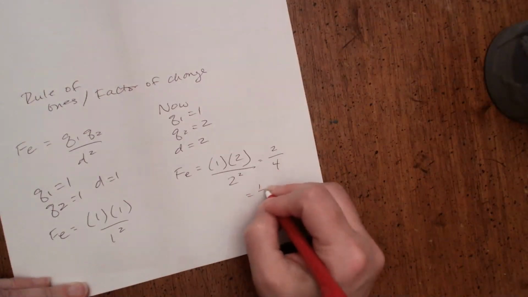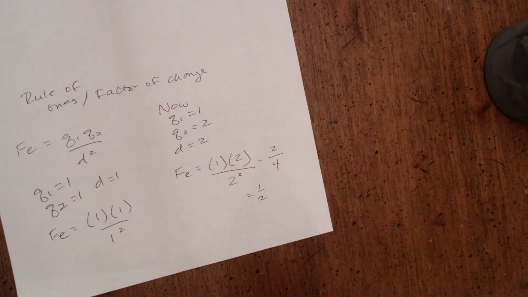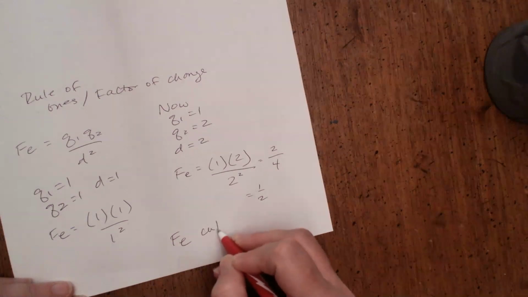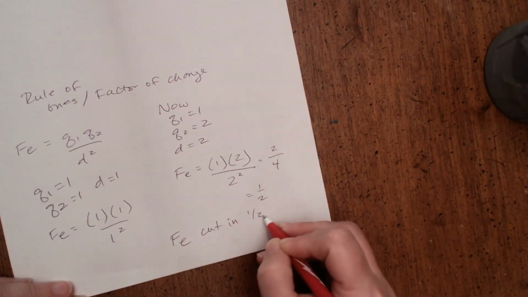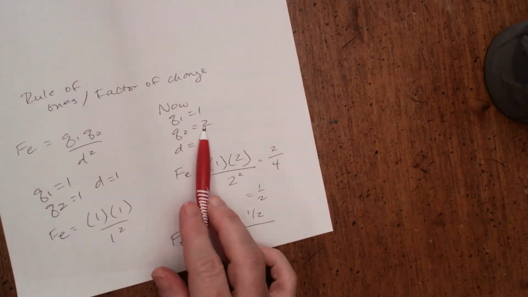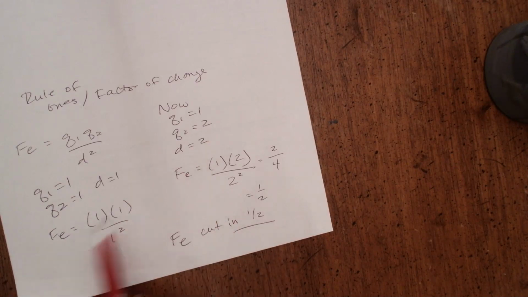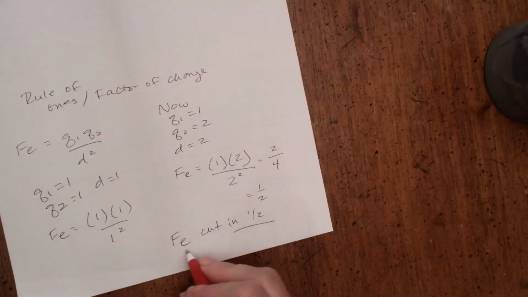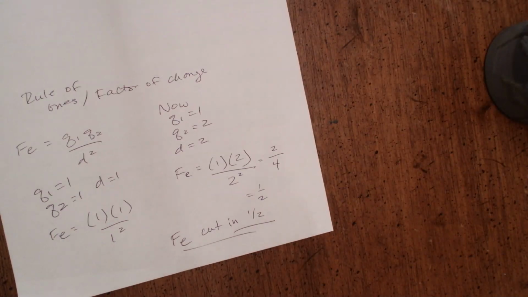When I simplify that, I get 1/2. So my force is cut in half. Even though one of my charges doubled, doubling the distance between them, because that's also a distance squared, makes a big impact on the force. So the force value is cut in half when I do that.